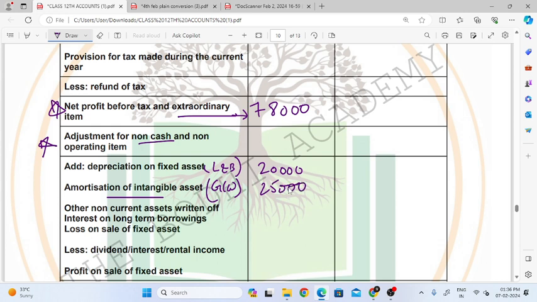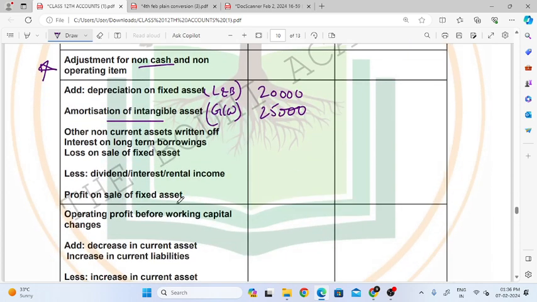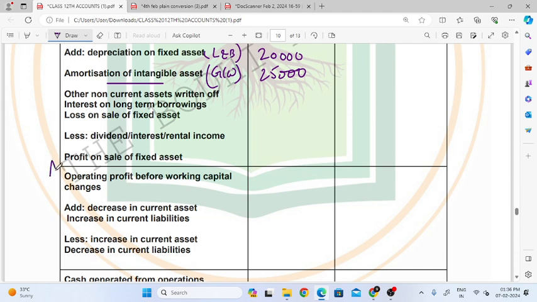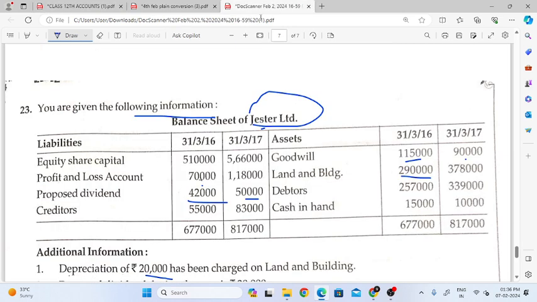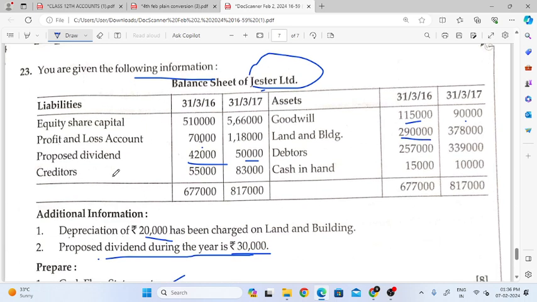So the value is decreasing during the current year, which means we have to amortize that particular intangible asset. Any other non-current asset they have not given. So we find the operating profit before working capital changes, and it comes to 1,23,000. Then we have to see whether any current assets or current liabilities are there.